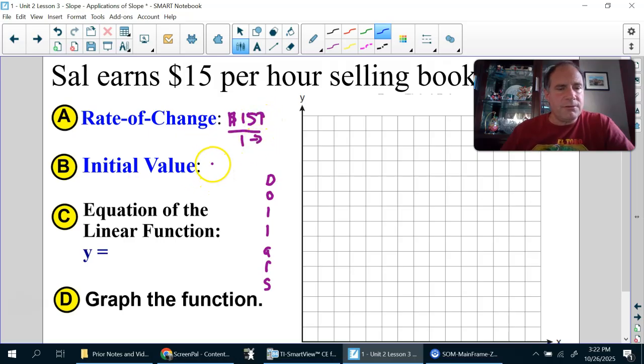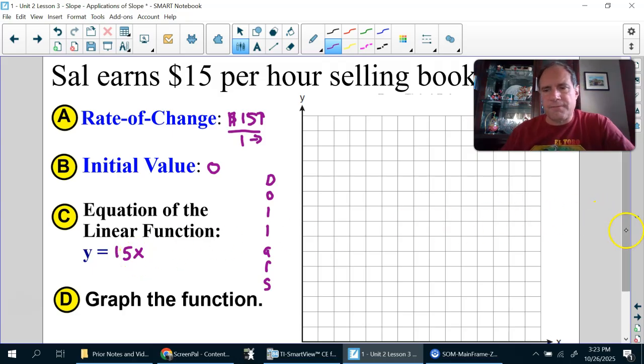The initial value is 0, because Sal earns $15 per hour selling books, so if he works 0 hours, he gets $0. So the equation is y equals 15x. And you could see this is the first direct variation that we are going to graph.